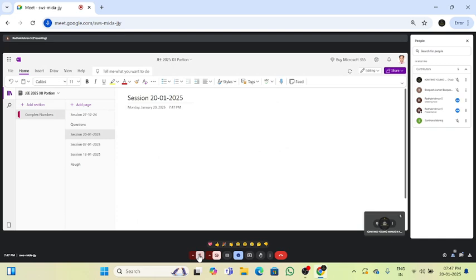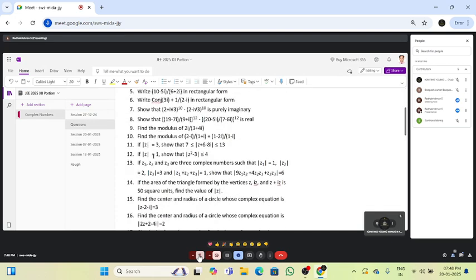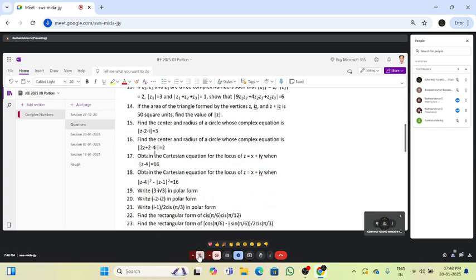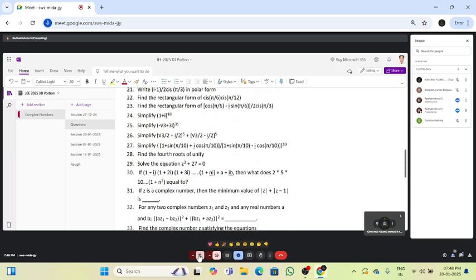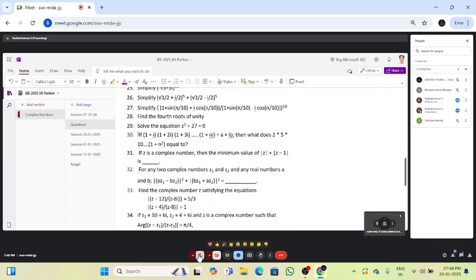Last few classes we have been doing complex numbers. So we saw the addition, multiplication, modulus, conjugate, argument, all these concepts we have seen. So now we'll solve some more problems.